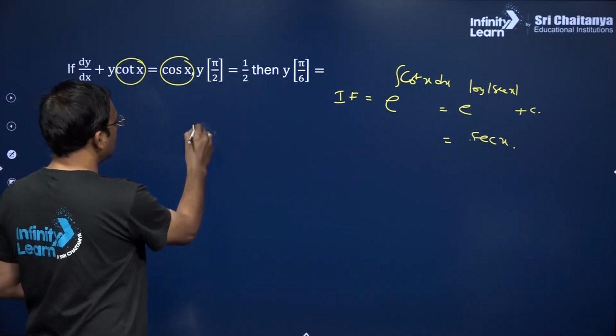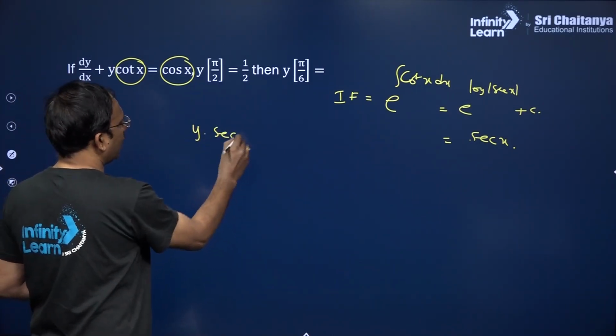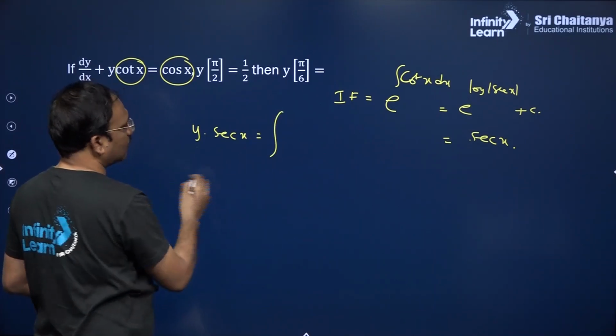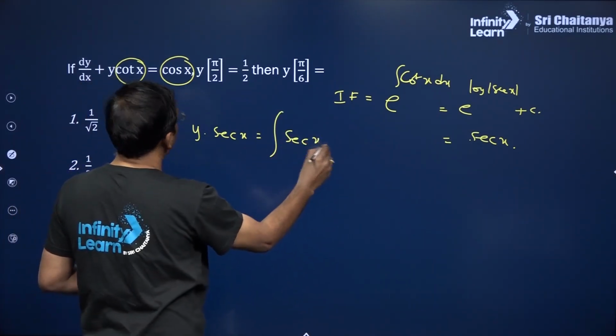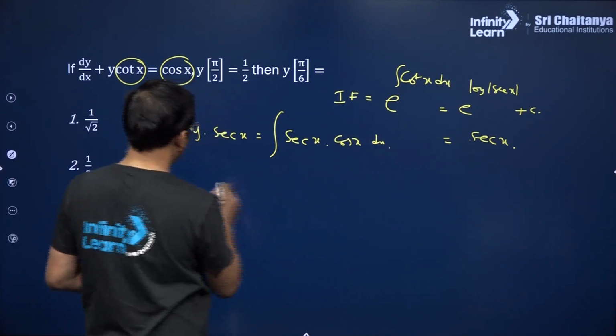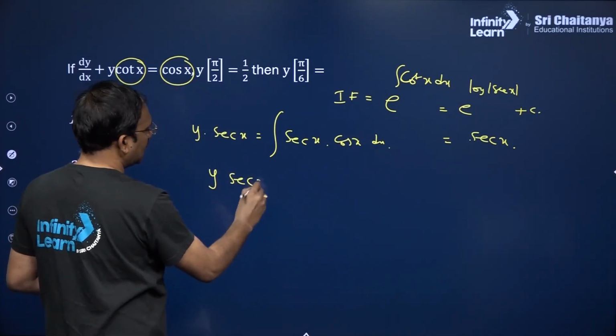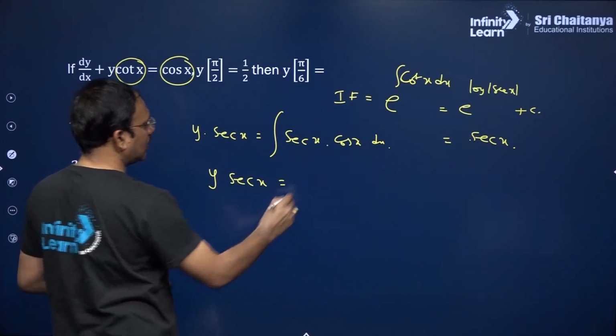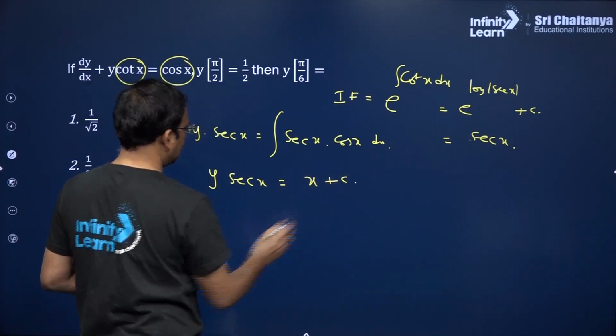So the general solution is y into integrating factor is equal to integral of integrating factor into the given function q of x dx, which is, my dear friends, y secant x is equal to integral dx is x plus c.